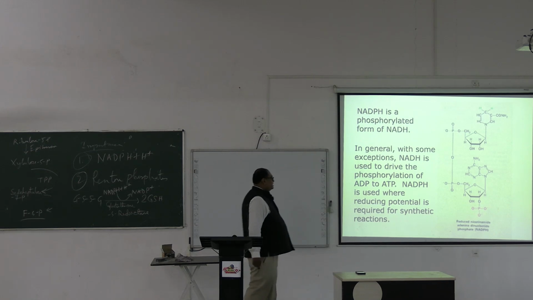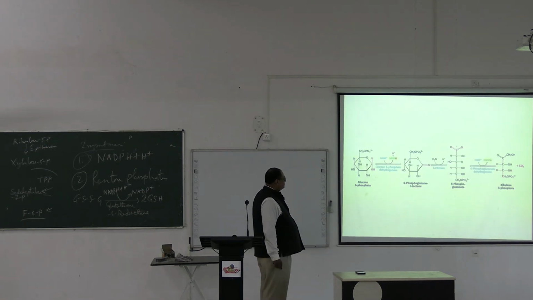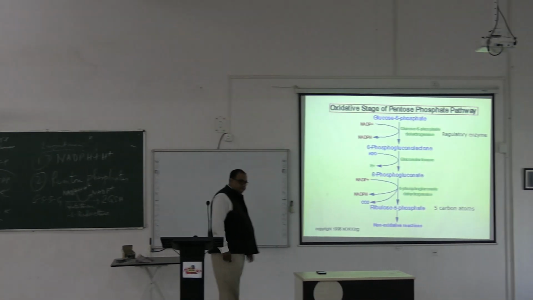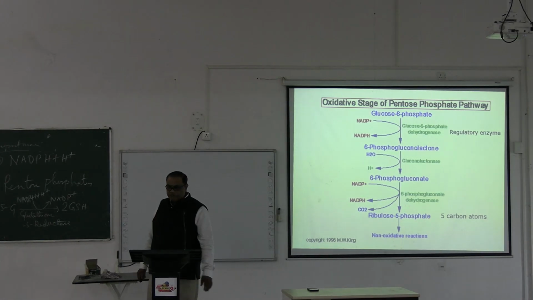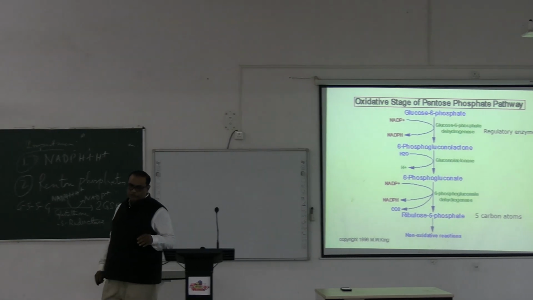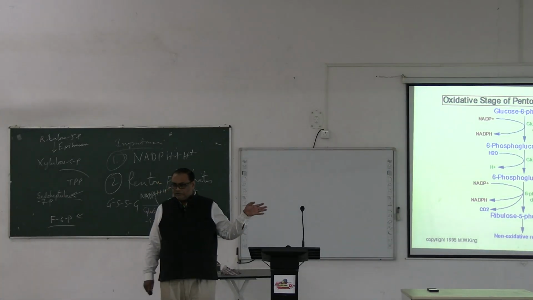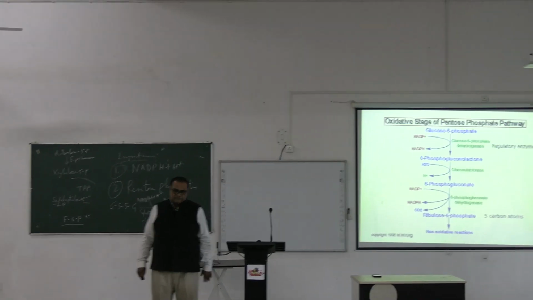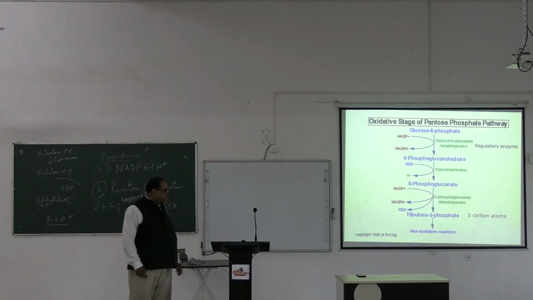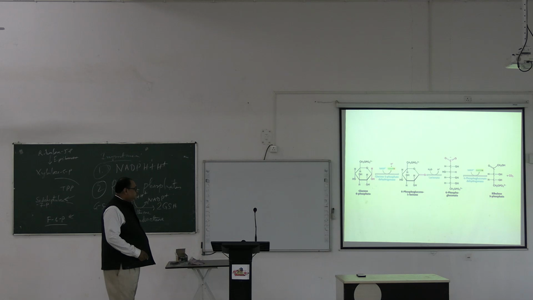This is the structure of NADPH. These are the reactions which I took pain to draw on the board. I could have gone reading these slides. See, this is a delta lactone. Yes?